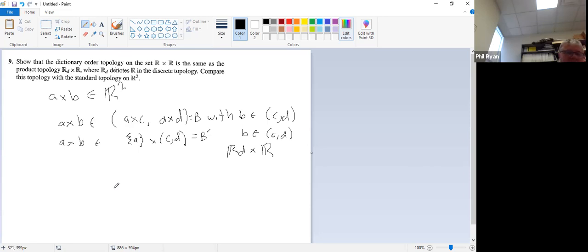Okay, and how do we compare this topology with the standard topology? Well, since RD discrete topology is finer than R, then by question 5, RD cross R is finer than R cross R, which is R2.